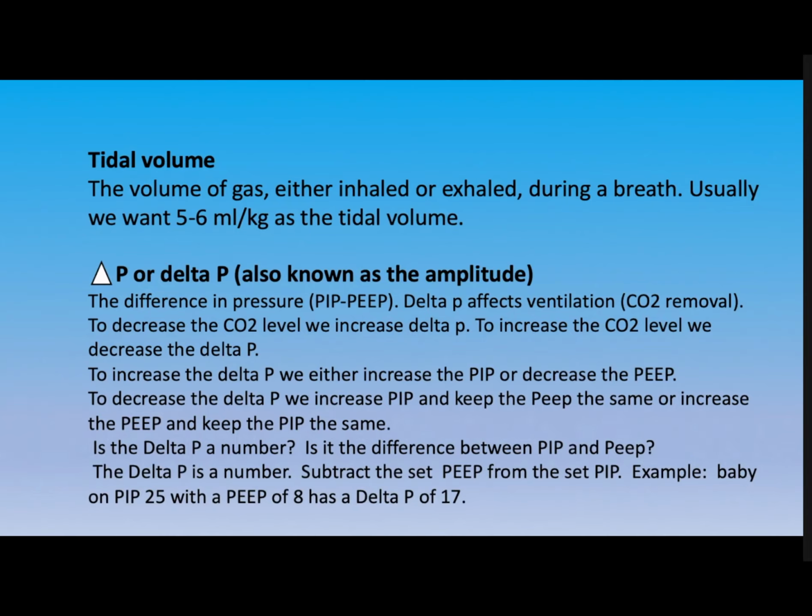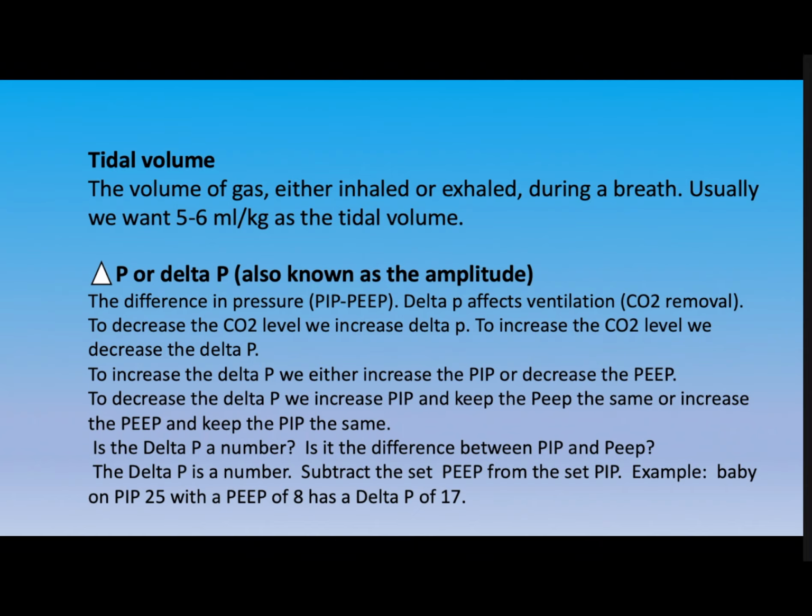You'll hear us talk about tidal volume because tidal volume is the way that we also tell the ventilator to work. We tell the ventilator to insert a certain amount of volume into the lungs, not a certain pressure, and we will go over all of this when we talk about the conventional vent or the Draeger. So the tidal volume for the baby is the volume of gas, either inhaled or exhaled, during a breath.